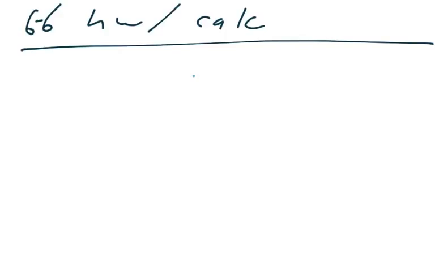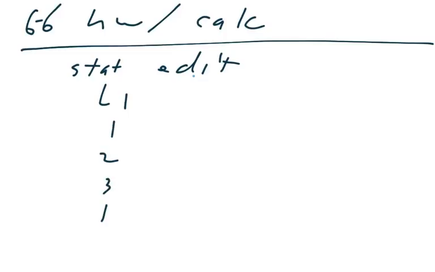So hit stat and edit, and in L1, you'll have all of the months, down to 12. And in L2, you have the temperatures, which are 32, 35, 44, all the way down to 37.